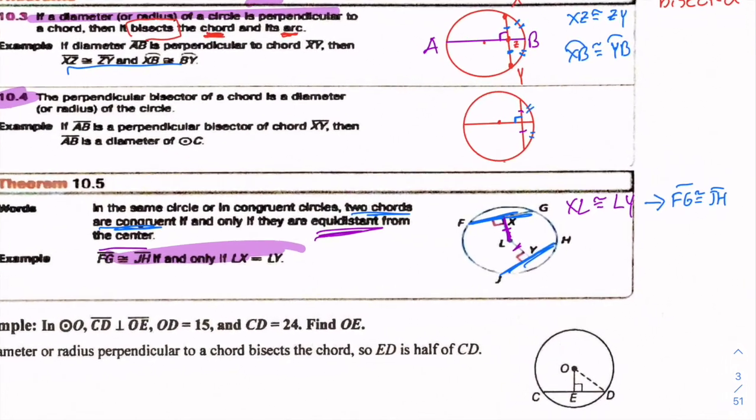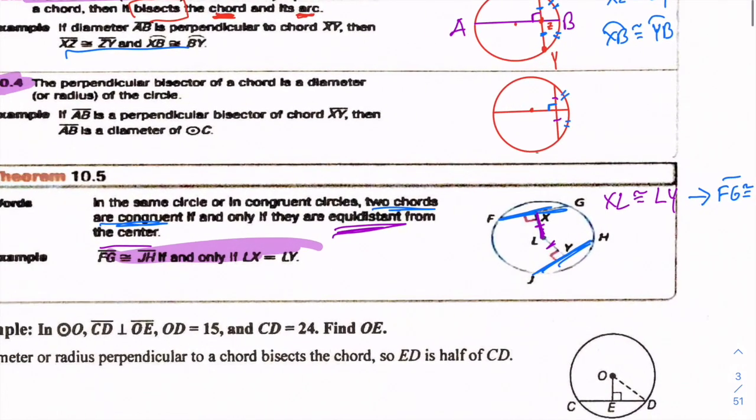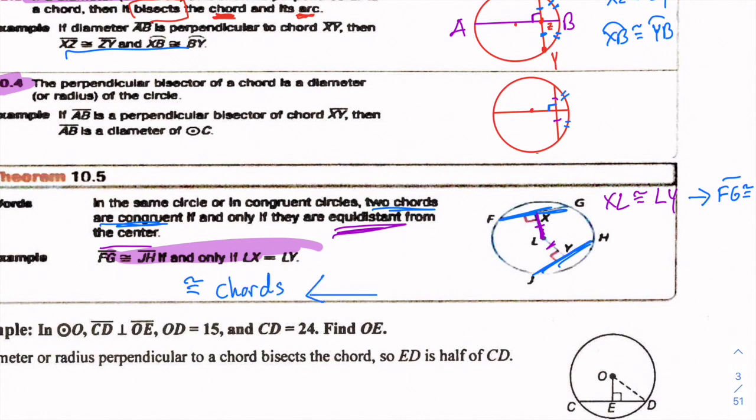In shorthand, if you want to write this, you can basically say congruent chords, the chords are congruent, then it's gonna have congruent segments perpendicular from the center.